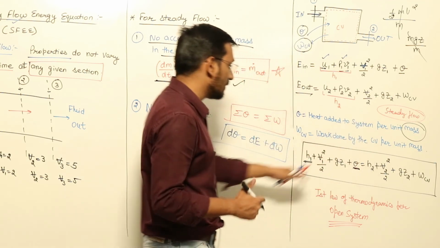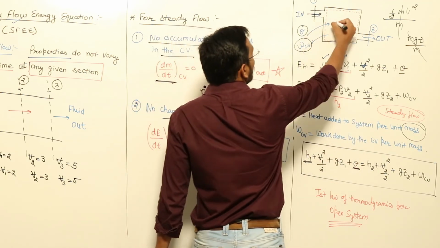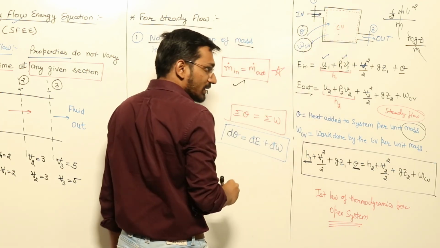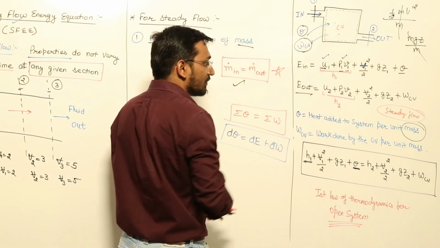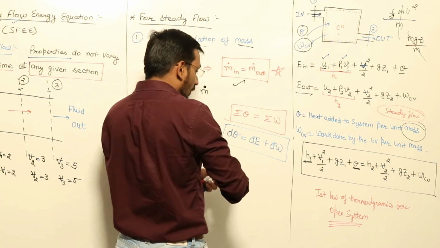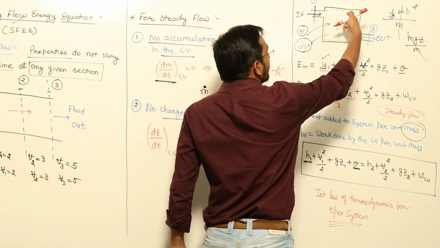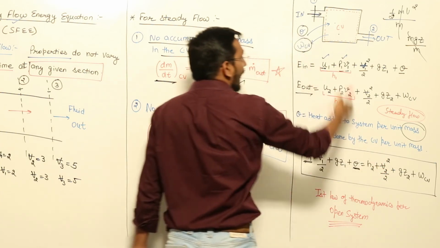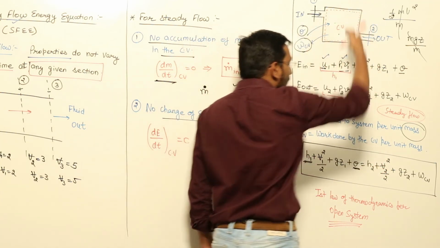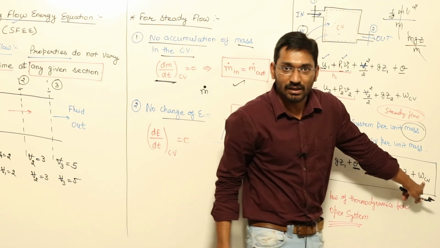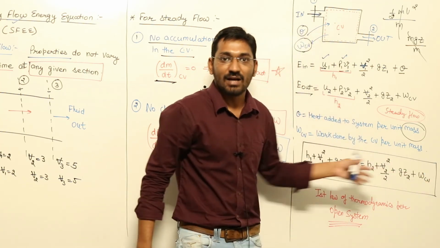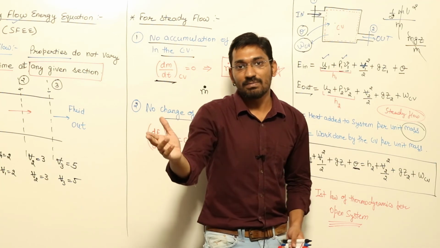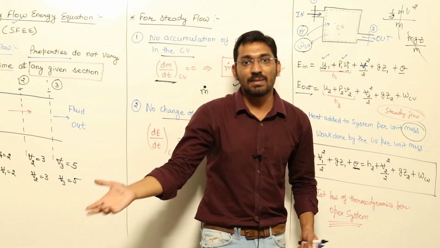So this is per unit mass, and heat added to the system is positive, work done by the system is positive. If the question says heat rejected by the system, then you can take minus here, and if work is done on the system, then you can take minus here, right? All the sign conventions are the same as we used earlier. Heat added to the system positive, work done by the system positive.